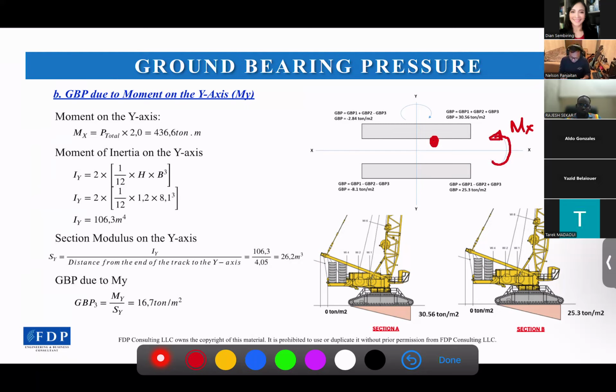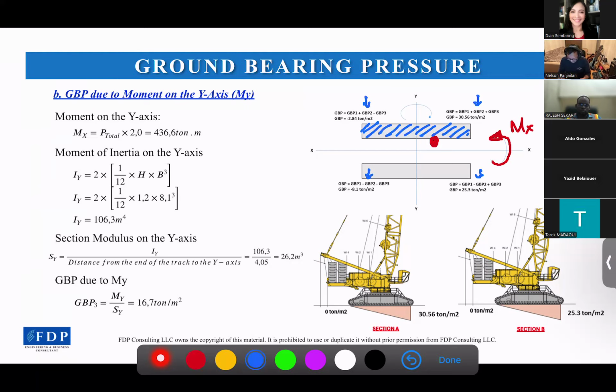Then the most pressure will be carried by this side of the crane. That's why I put the GBP2 on this side of the track as plus, and here as negative.